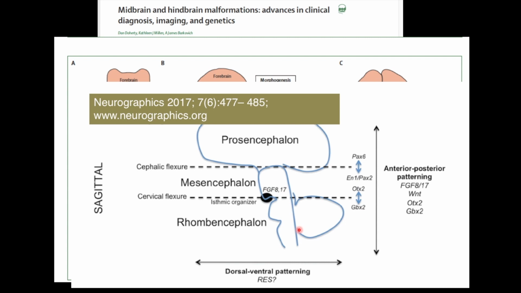As we have previously seen, this is determined by the genetic influence of different signaling proteins like FGF8 and 17, and also OTX-GBX. In addition, there is a dorsoventral patterning, and these two processes together constitute how the brain is finally formed.